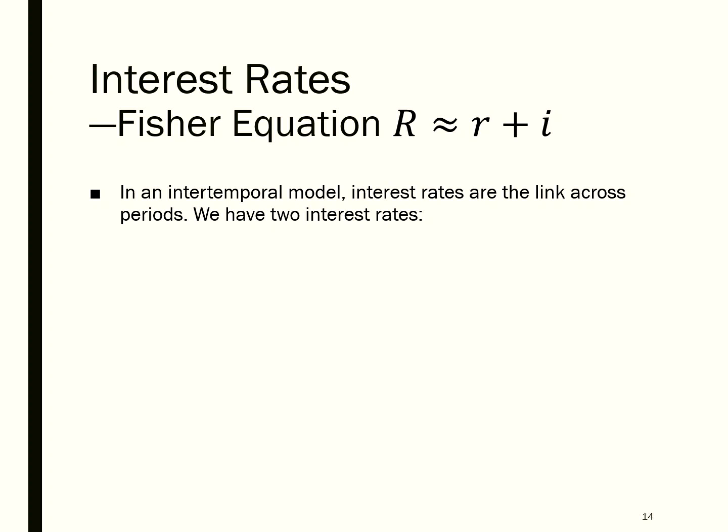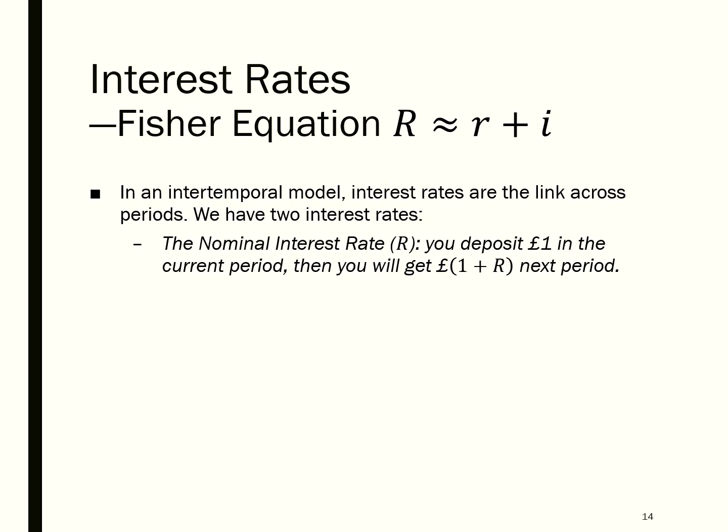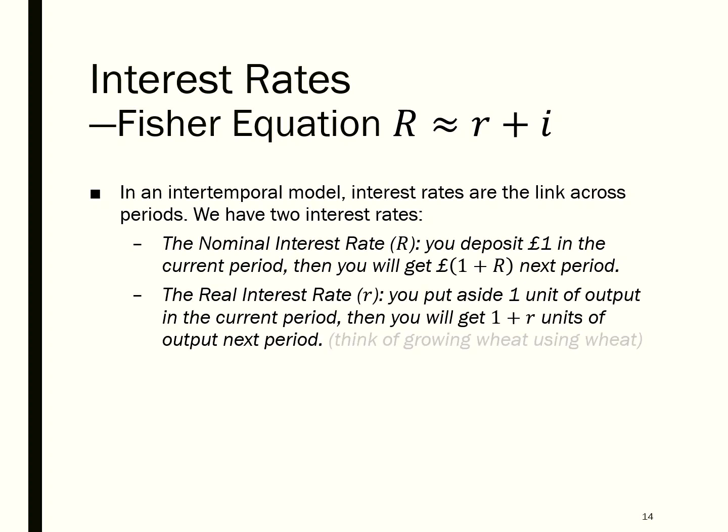No arbitrage condition means that you have no chance of generating any excessive returns in one market over any other market. So in our case, if you have money, you have two ways of investment. The first one is you invest your cash into the bank, and then next period you will get 1 plus R as the return. Alternatively, you can use your money to purchase a unit of output in the current period, and then put this unit of output into the real economy, like growing more wheat or setting up a new factory.